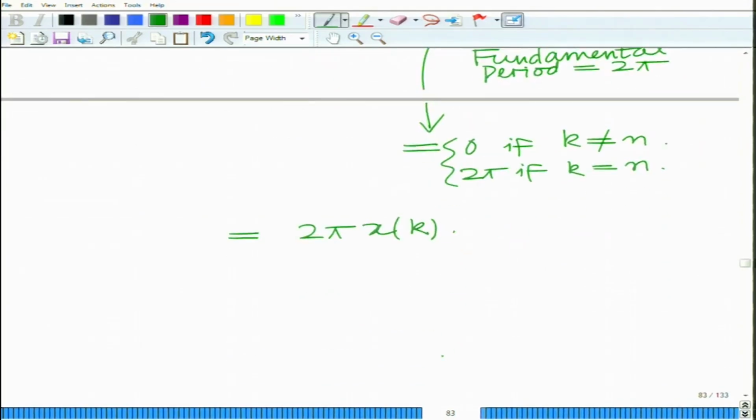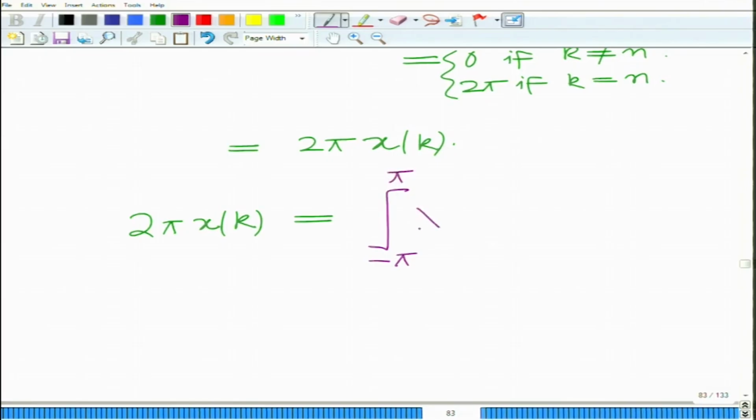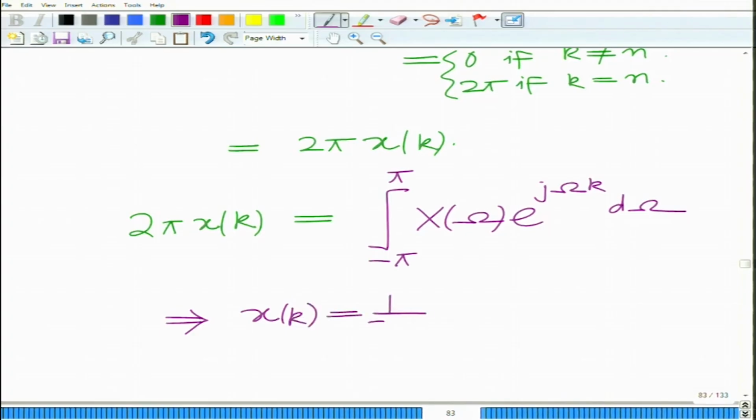So, to extract this element x[k], we have 2 pi x[k] equals integral minus pi to pi X(omega) e raised to j omega k d omega, which implies that x[k], that is the inverse discrete time Fourier transform, is given as 1 over 2 pi integral minus pi to pi X(omega) e raised to j omega k d omega.